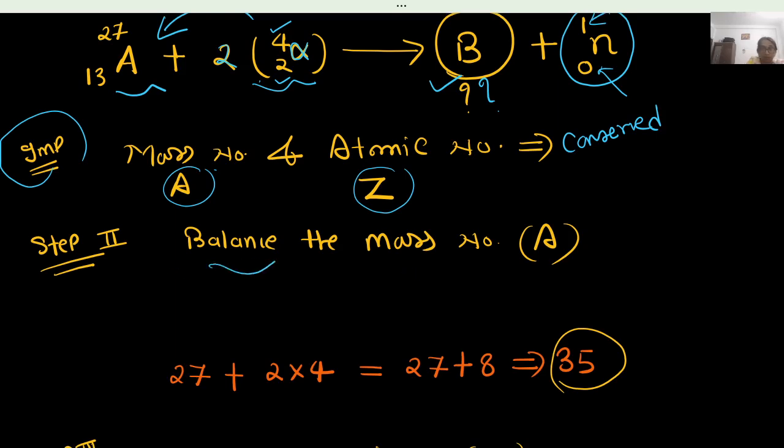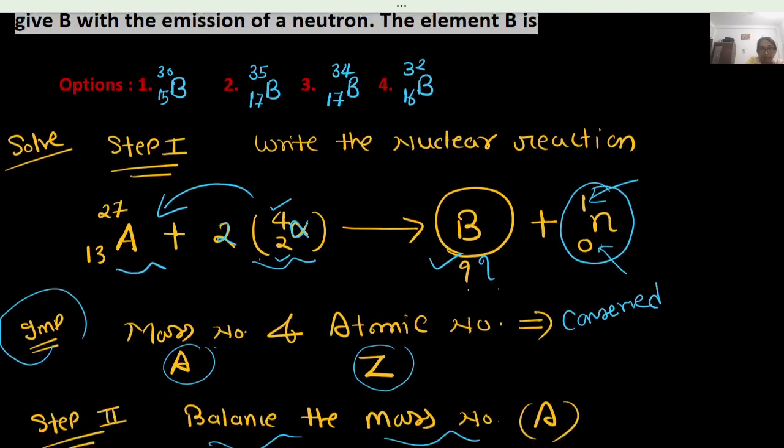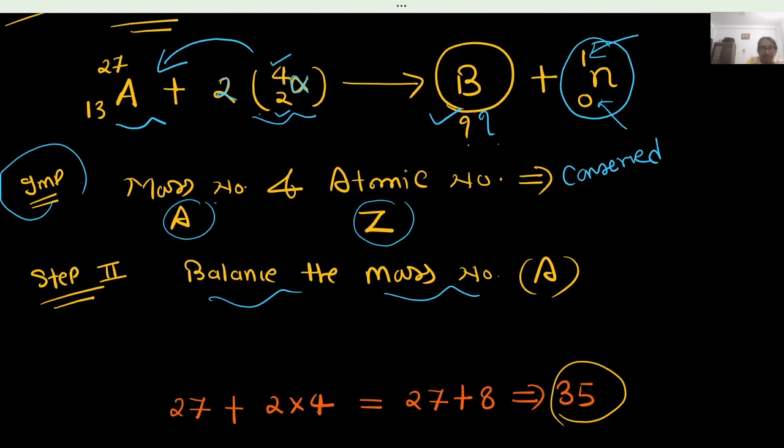In step 2, balance the mass number A. The mass number of element A is 27, so we write 27. The mass number of the alpha particle is 4, and the number of alpha particles is 2, so we multiply by 2. This is equal to the mass number of the right hand side product.